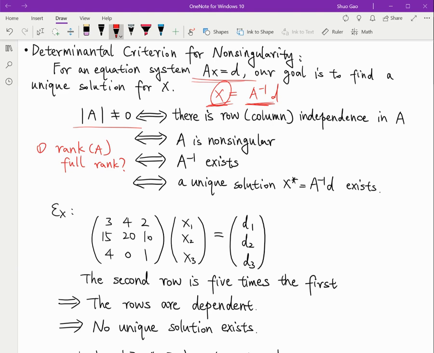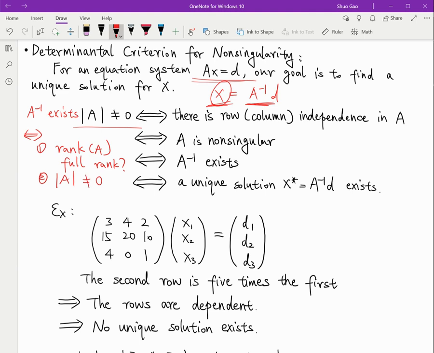And in this case, A inverse exists. And second, we can check the determinant of A to see if it is 0. If it's not 0, then A has an inverse.